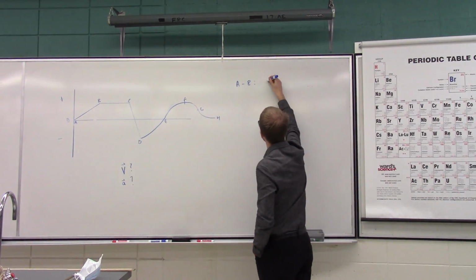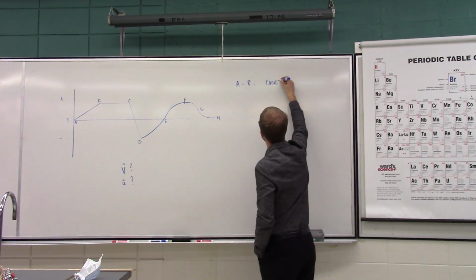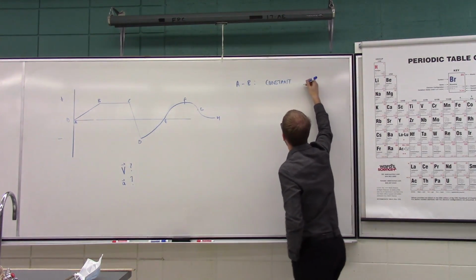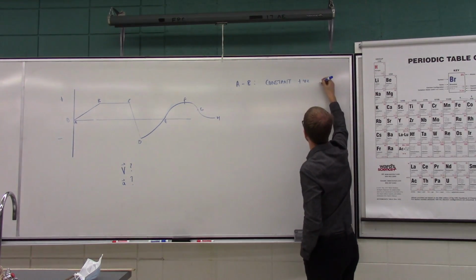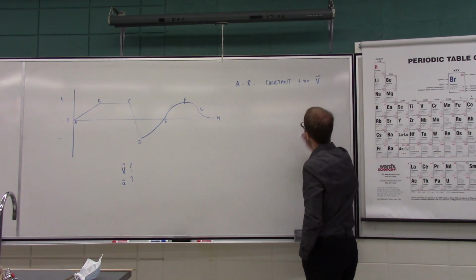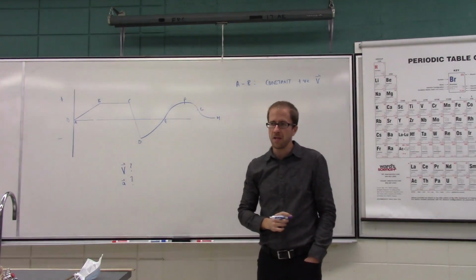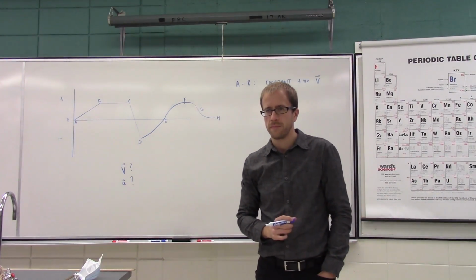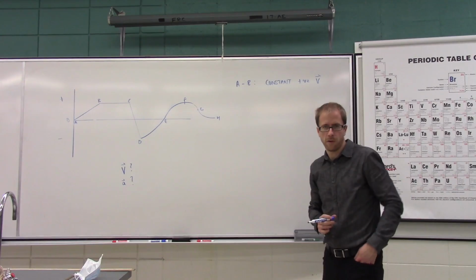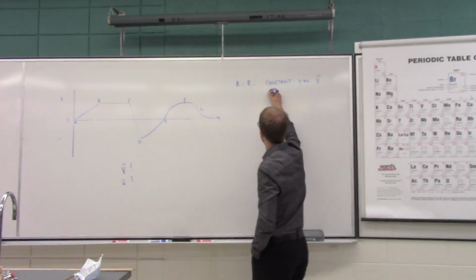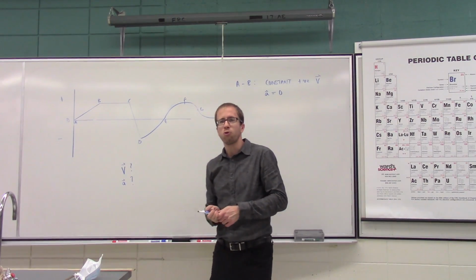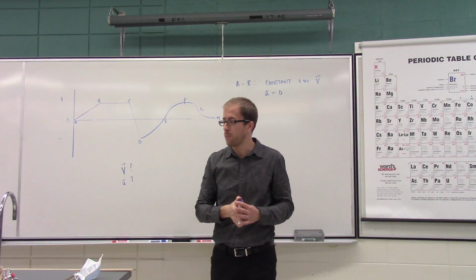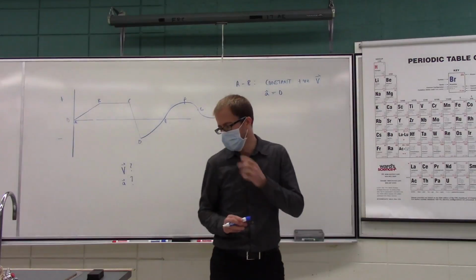So here, from A to B, we have a constant positive, right? We have a constant positive velocity. Do we have an acceleration? No, right? Because our velocity is not changing, so our acceleration is 0. So take a minute, try to figure out the other points on this graph.